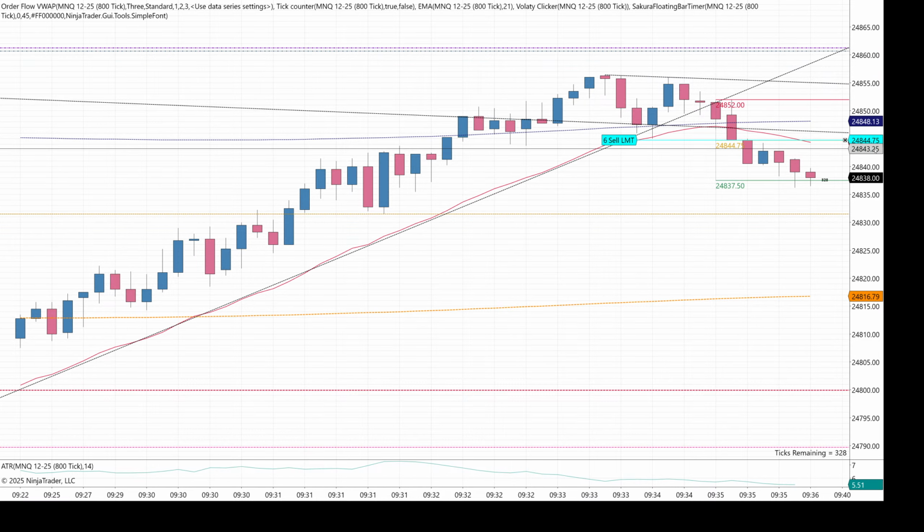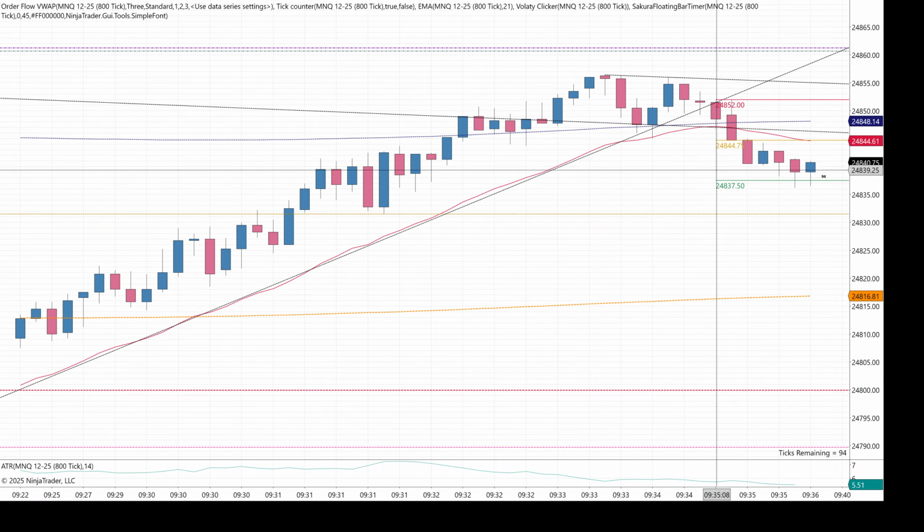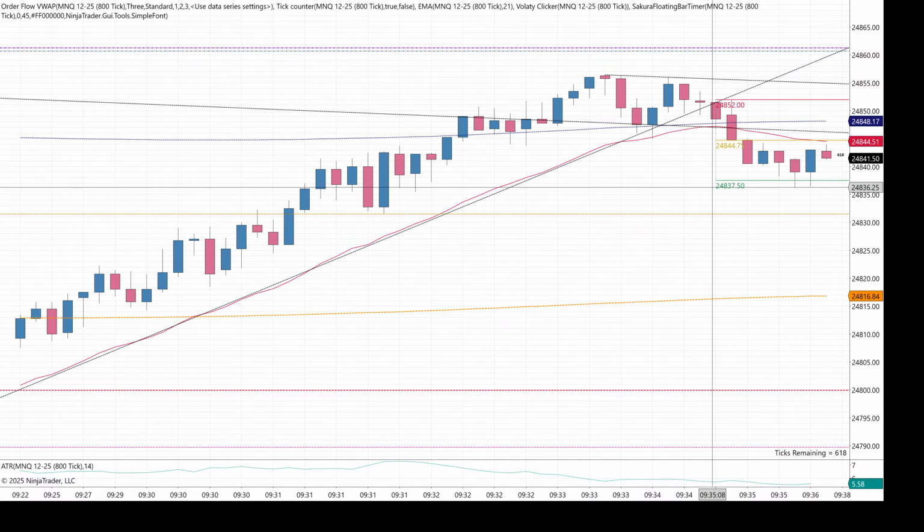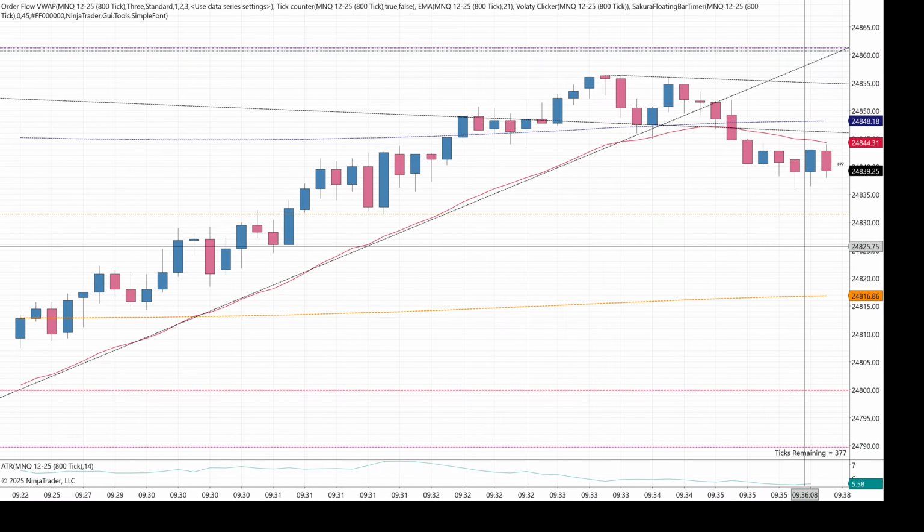All right, this hit target, so the runner's been taken out.